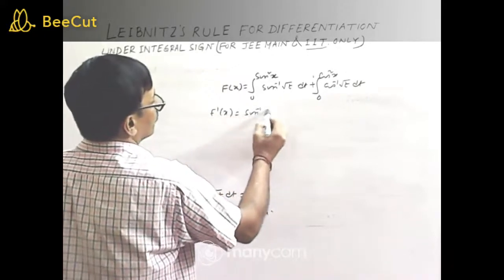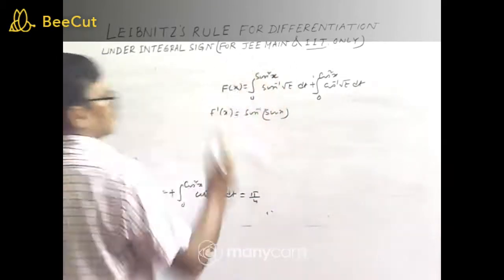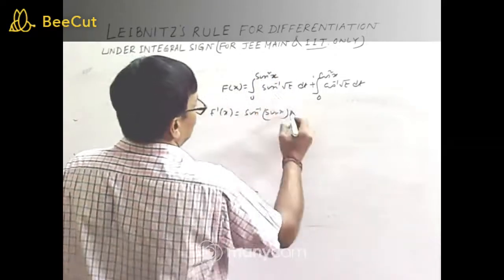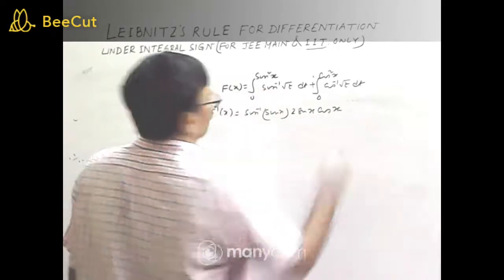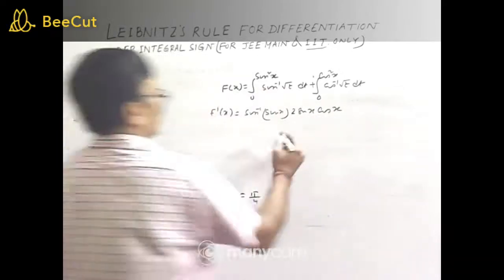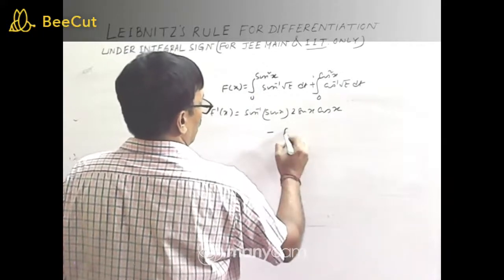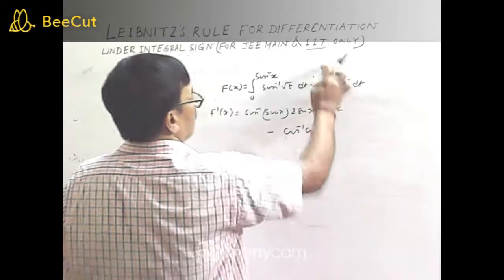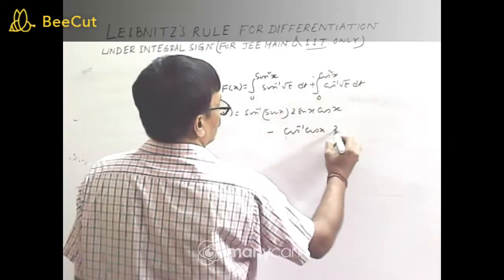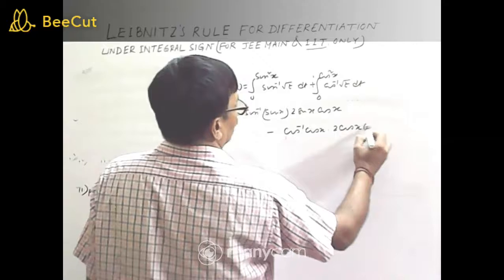Sin inverse sin x, root over t is sin x, derivative of sin square x is 2 sin x cos x, minus cos inverse cos x, derivative of cos square x is 2 cos x into minus sin x.